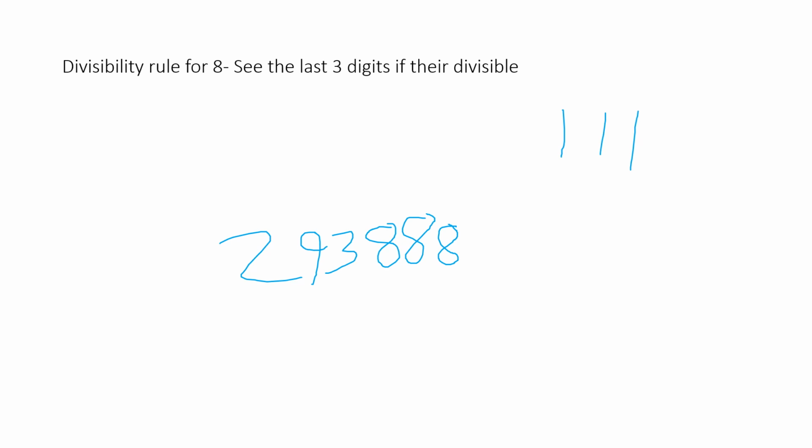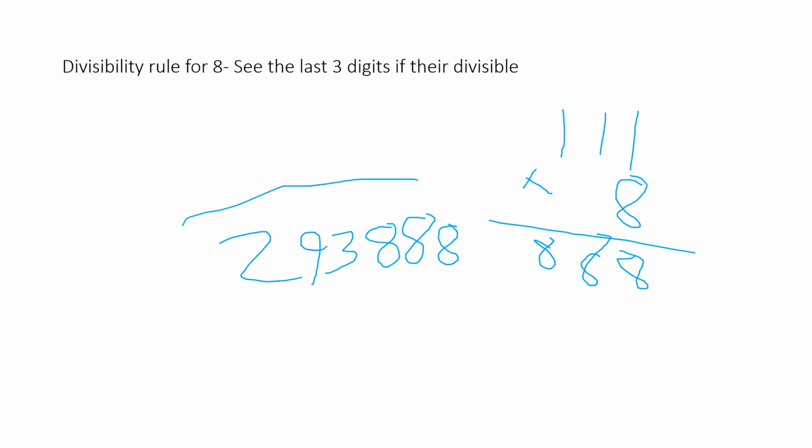This is not a divisibility rule I'm doing here, it's just common sense. But the part where you have to see the last 3 digits, that is the divisibility rule. So this is divisible.